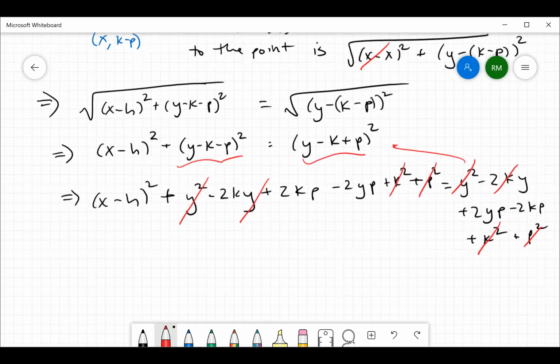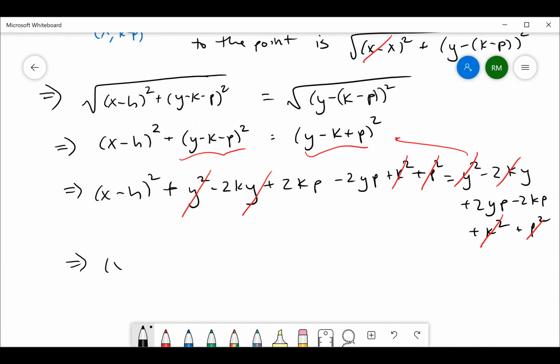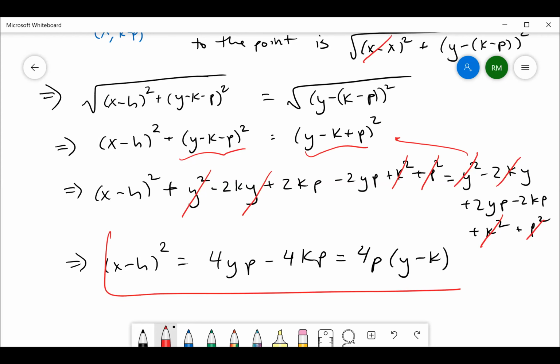So I believe what you are left with is (x - h)^2 should equal 4yp - 4kp, which is 4p(y - k), which is exactly the equation that we said should be true for the parabola. So this is the equation of the parabola. And we were able to do so with just a little bit of algebra.